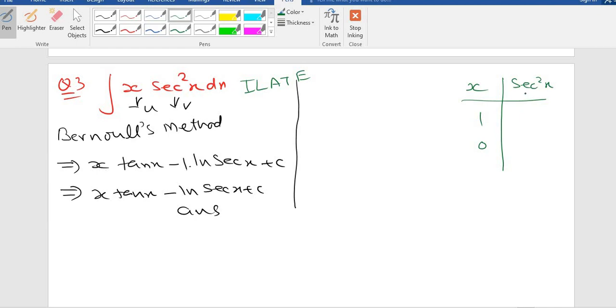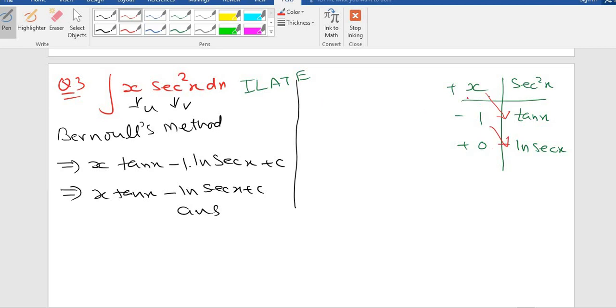So 2 times you have to integrate. The first time, the integration of sec square x is tan x, and the integration of tan x is ln sec x. Here plus, minus, plus, and then multiply using this row.